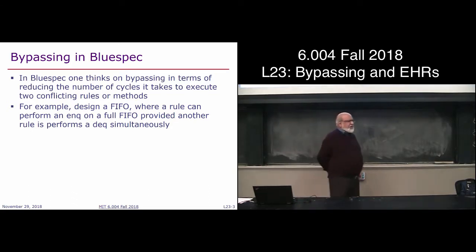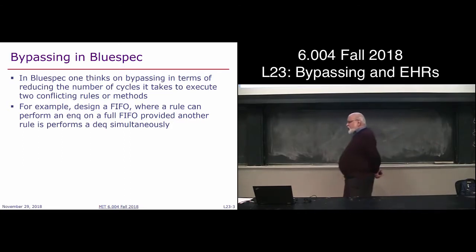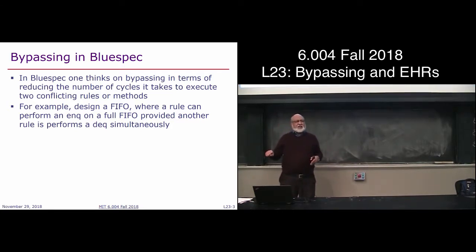Suppose I want to build a FIFO where I want to be able to NQ even though the FIFO is full, because concurrently somebody is going to be DQing it. Now obviously for correctness, if nobody's DQing it, then it behaves like a full FIFO. You can't do an NQ at that point. On the other hand, if you could detect that somebody is actually going to DQ at this time, then you can also NQ. So it looks as if you NQ'd in a full FIFO.